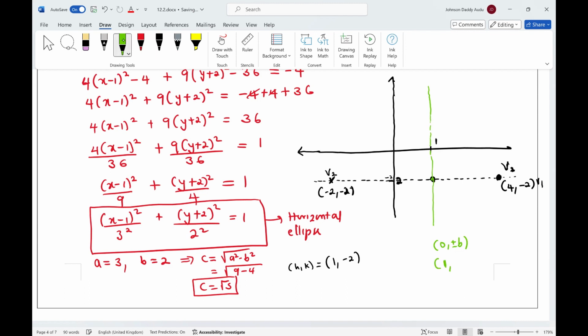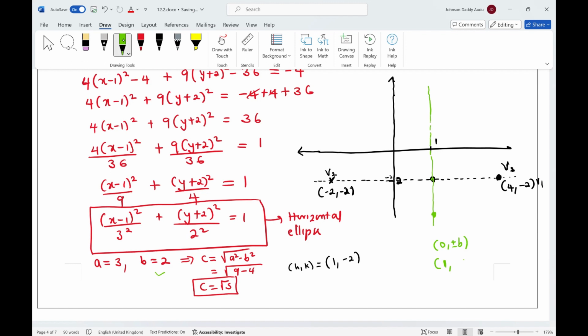So this is 1 already, right? But the value of y will be changing. So to get this point, 1 is fixed. Then what is our b? We know what b is already, right? What is the value of b? B is 2, right? Yeah. B is 2.